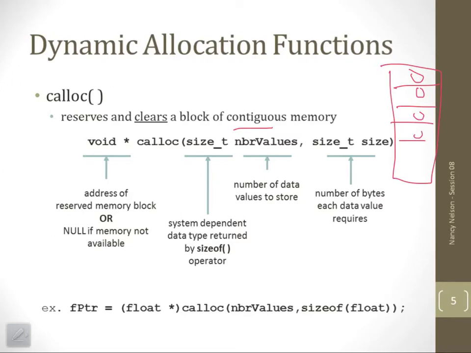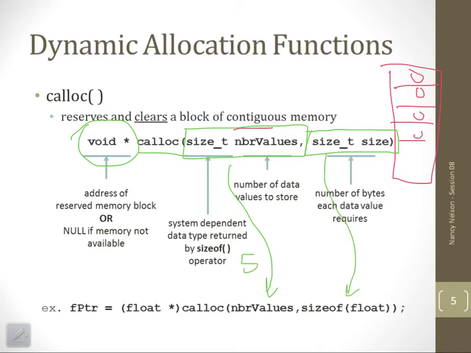The format is basically the same. We're returning a pointer, and calloc is our function name. Here, though, we have two separate variables. The first one we can see down here in our example is the number of values, so that was the 5 we used before.